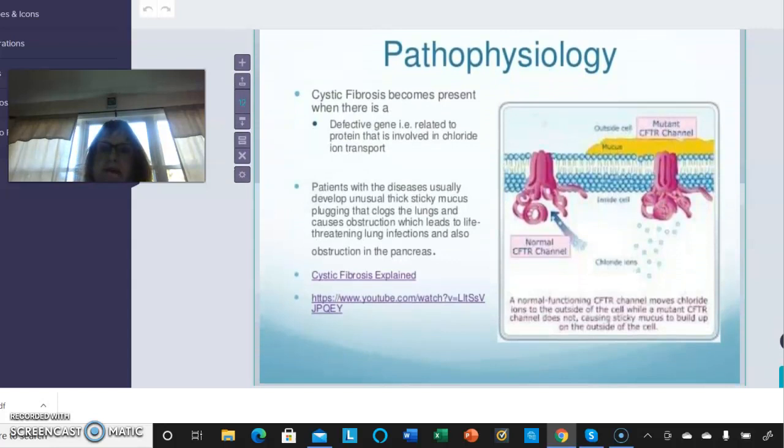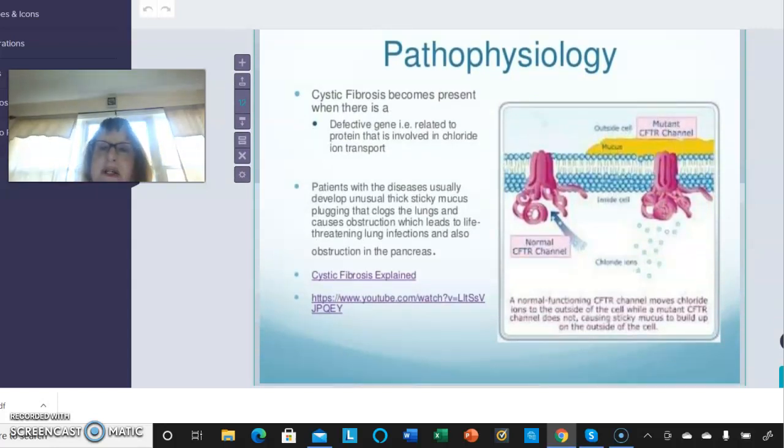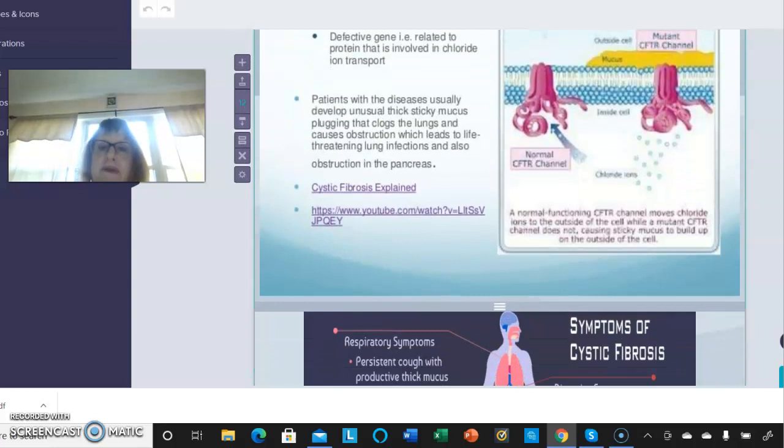Cystic fibrosis becomes present when there's a defective gene, usually related to a protein that is involved in chloride ion transport. Patients with this disease develop an unusual sticky mucus plugging that clogs the lungs and causes obstruction, which leads to life-threatening lung infections and also obstruction in the pancreas.